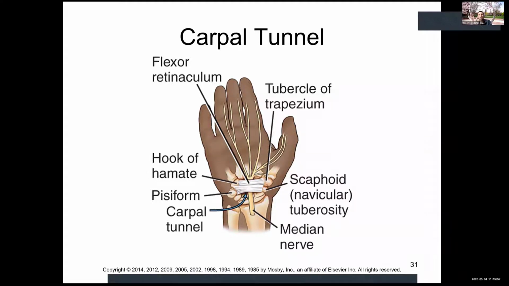When this median nerve is constantly being damaged from typing on keyboards and using our mice on desks, it's constant pressure on that median nerve, and it can lead to carpal tunnel syndrome. Then they have to come in and help relieve the pressure on that median nerve in order to allow the hand and that nerve to heal.